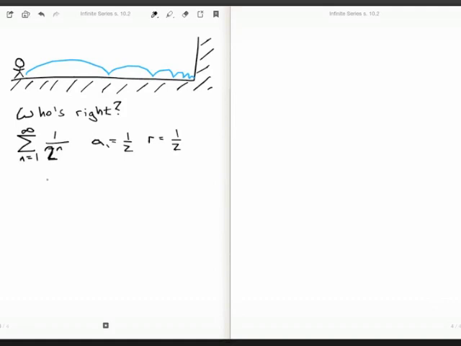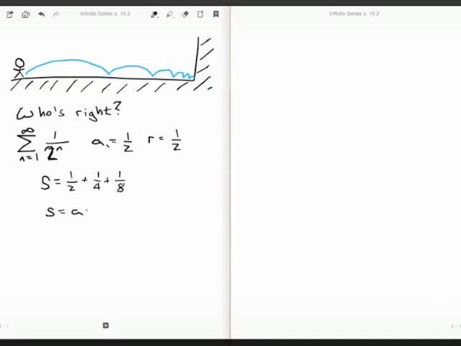So the sum is going to equal 1/2 plus 1/4 plus 1/8. So for now, I can write this as S equals A sub 1. I'm just going to call it A. I'm going to say A equals A sub 1 here.